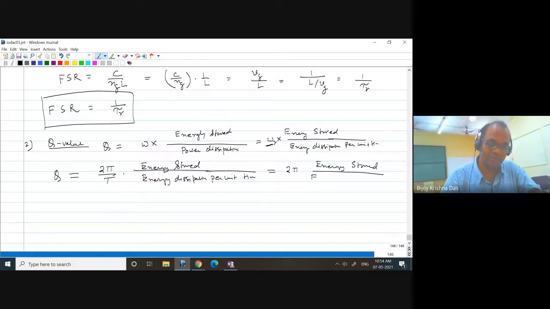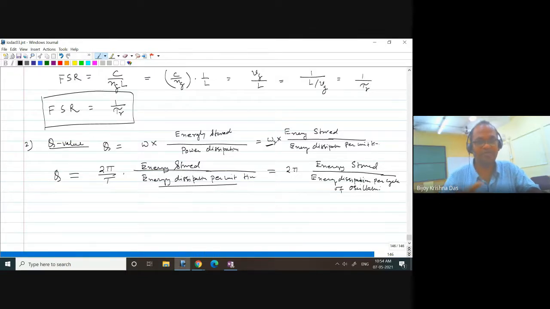Energy dissipation times T, the time period, means energy dissipation per cycle of oscillation. One oscillation cycle.